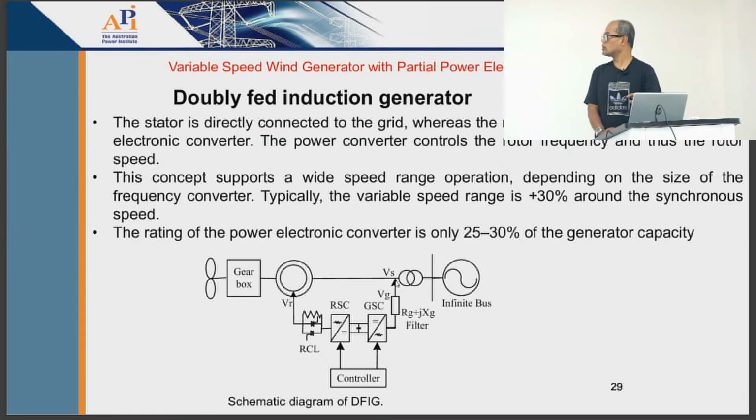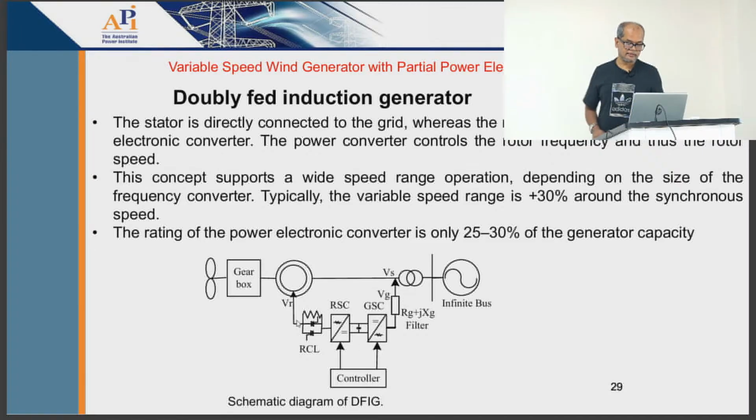So this is the most popular one, and in many of the modeling you will see that people in the literature use this one, the doubly fed induction generator, which is also called a partial power electronic converter. Why do we call it partial? Because here almost 70% of the power from the wind goes directly to the grid, not via the power electronic converter. So through this converter only 25 to 30% of the power is actually transferred. So why do we do that?